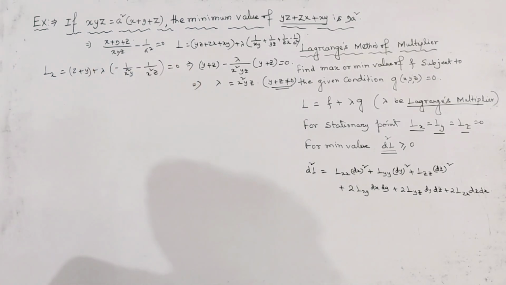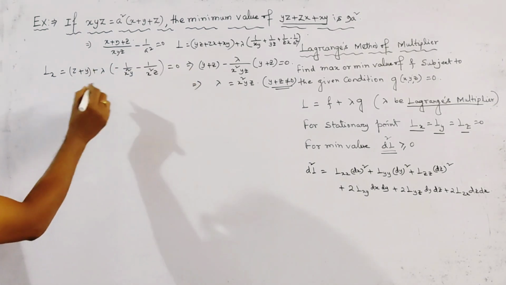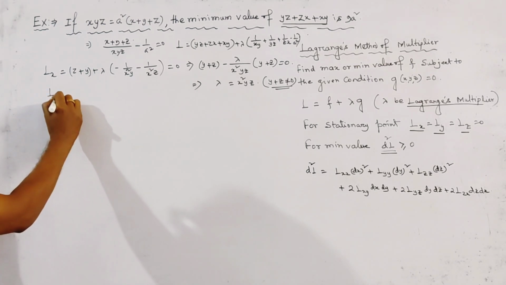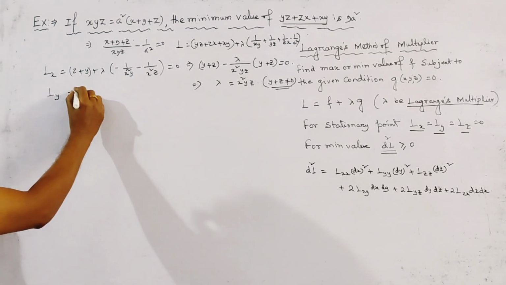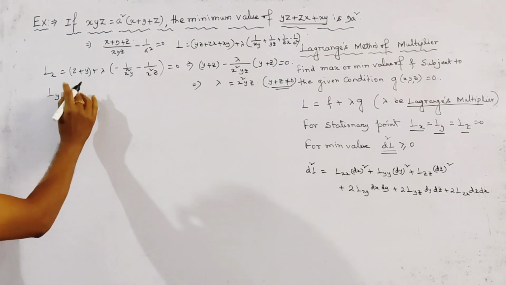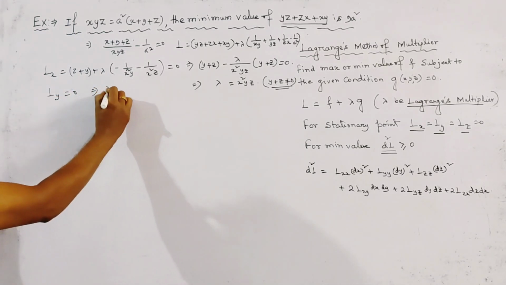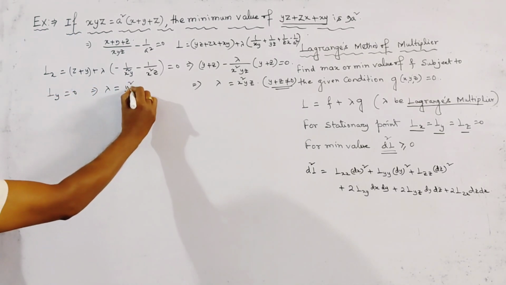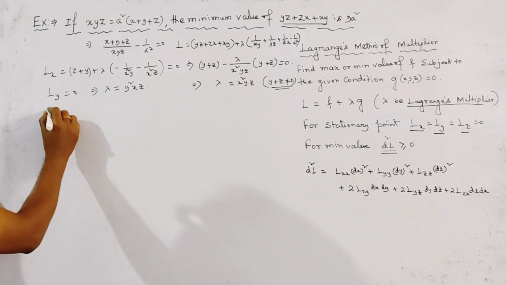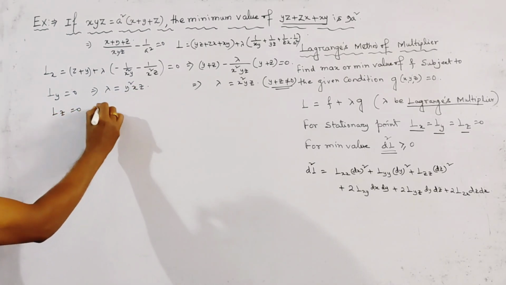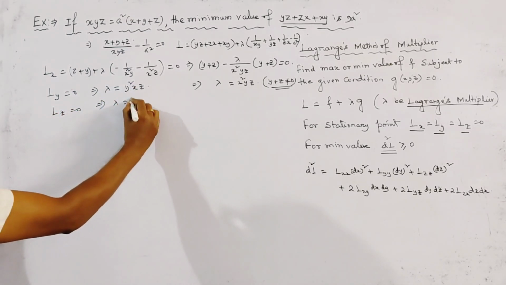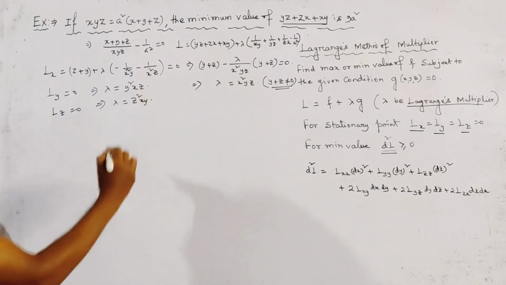In a similar manner, setting Ly equal to 0 we get lambda equals y square xz, and setting Lz equal to 0 we get lambda equals z square xy.